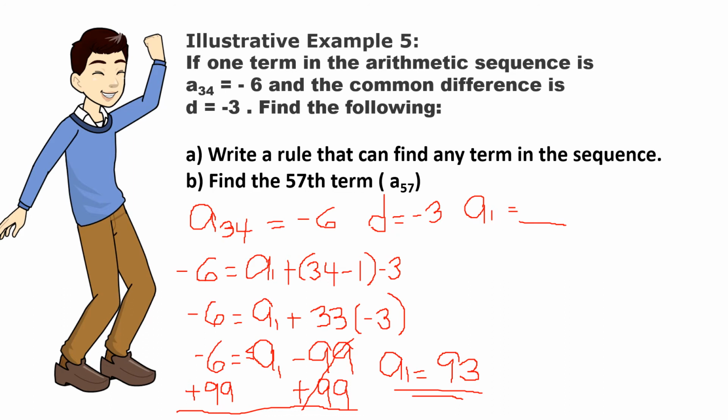So state na ngayon natin yung rule. So ang ating rule, dito ay A93. So magiging rule natin, we have AN equals 93 first term plus n minus 1 times the difference, negative 3.